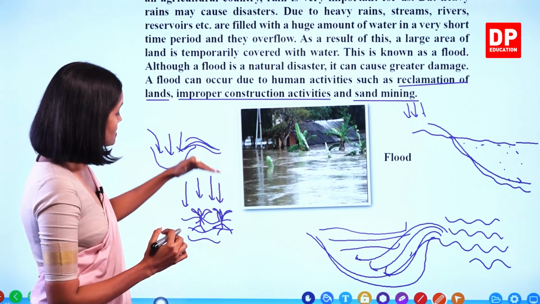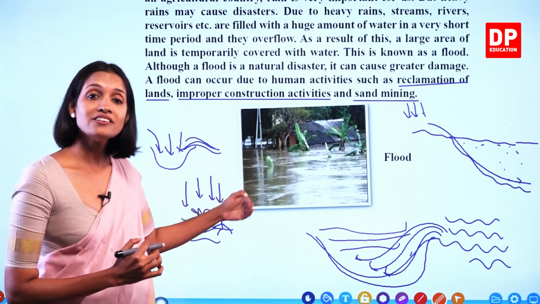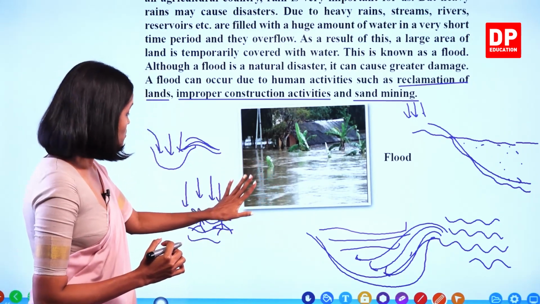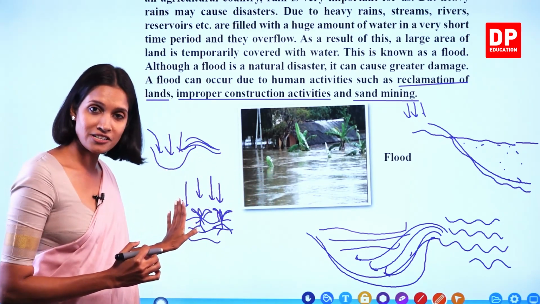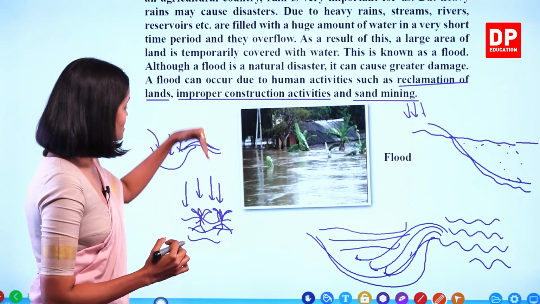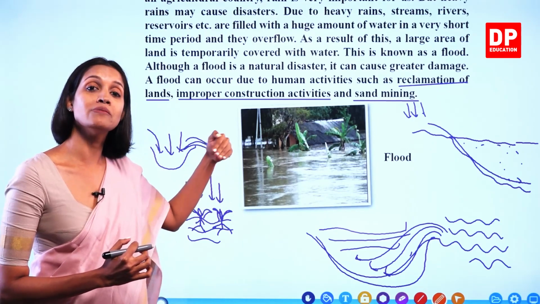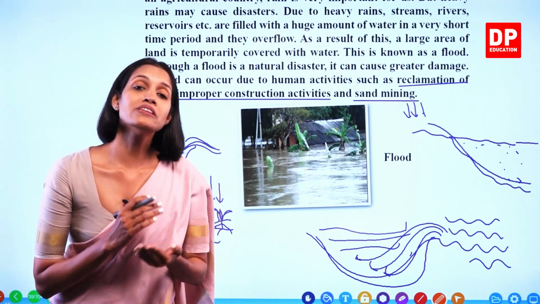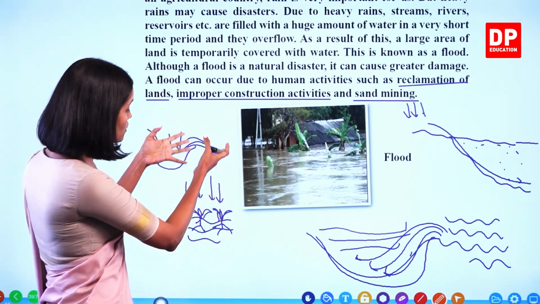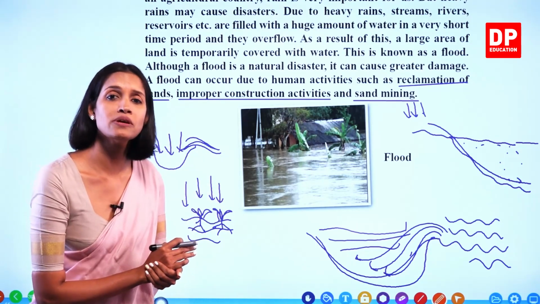So what happens? Now when people cut down trees, which means when they remove the plant cover, the soil gets exposed to rainwater again, and therefore soil erosion will be very high. So during the rainy seasons, if the soil erosion is too high, what will happen, children?